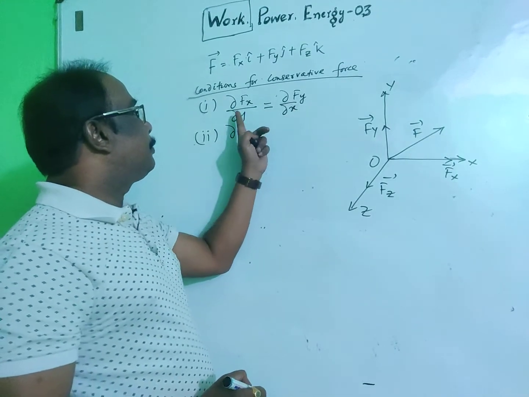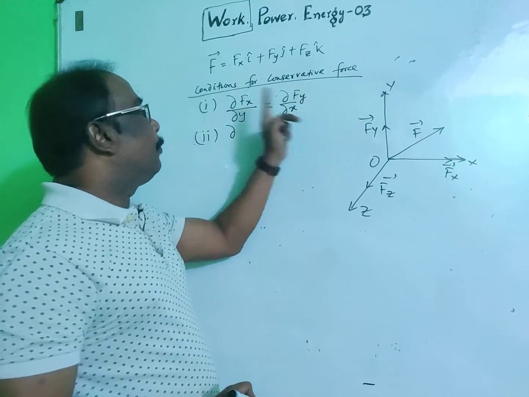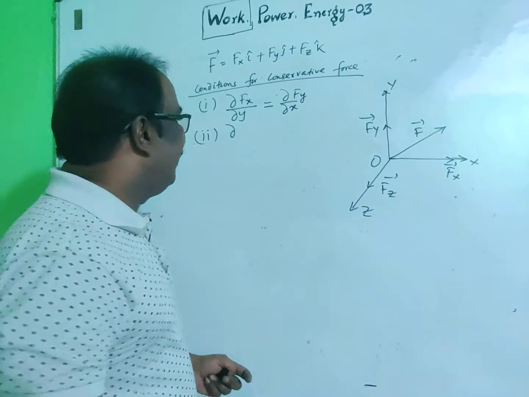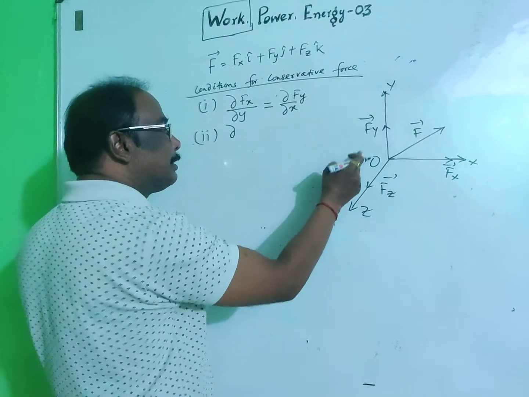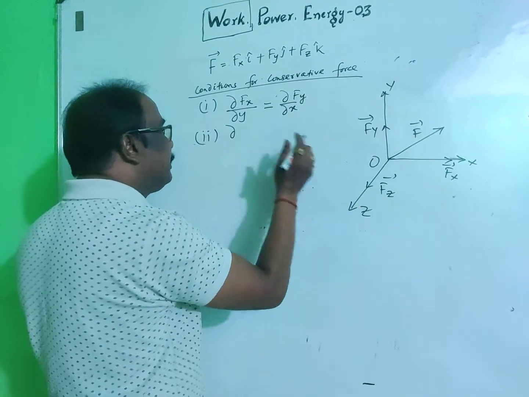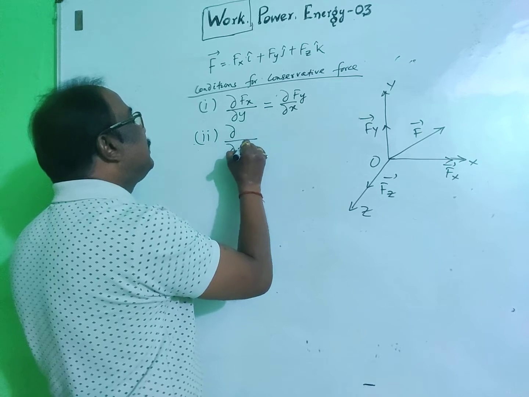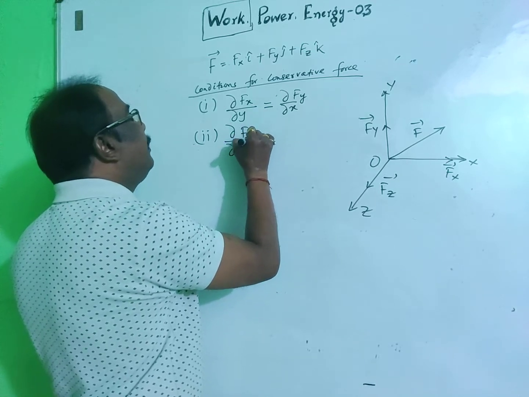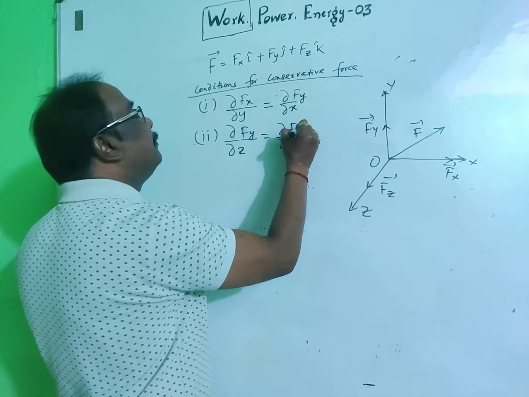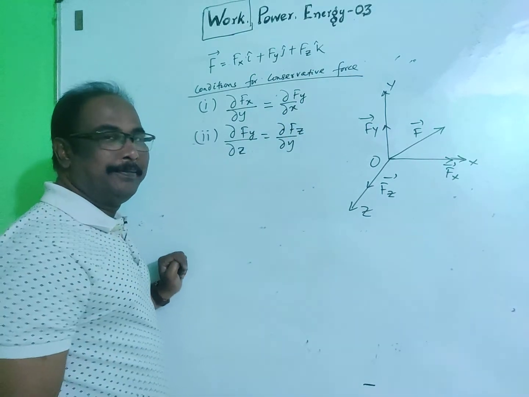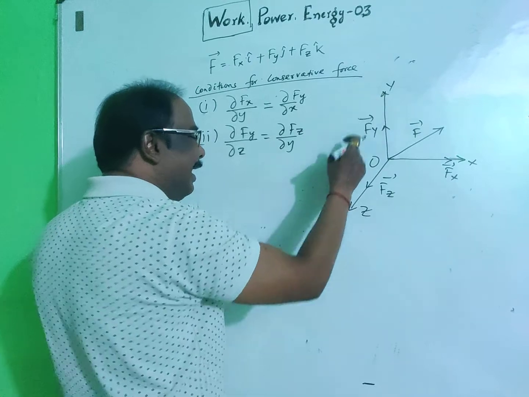Now this is about the x-axis and y-axis, Fx and Fy. And similarly, we may take the y-axis and z-axis, with components Fy and Fz: d by dz of Fy must be equal to d by dy of Fz. Second condition, z and y axis.